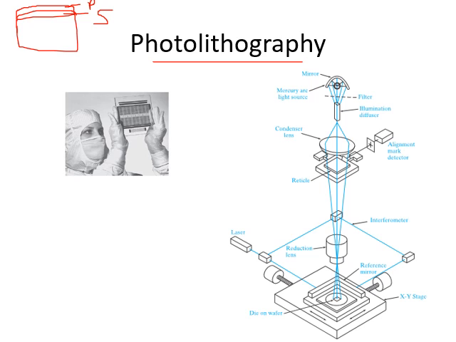That process is called photolithography. As we have seen, photoresists are of two types, positive and negative. So we can remove the exposed part, the part which is exposed to the UV rays, or the unexposed part, depending on the photoresist.